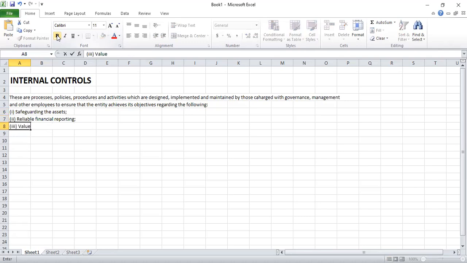Value for money in operations. Efficiency and effectiveness in operations. Compliance with applicable laws and regulations.